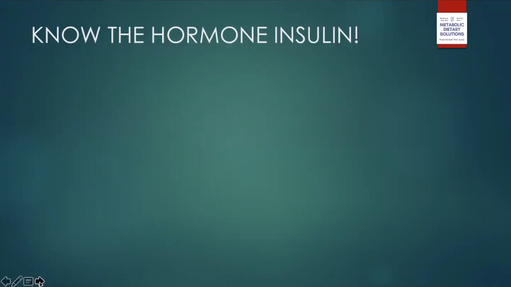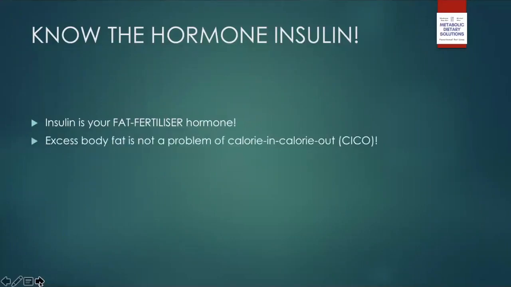However, the important thing to remember is your body produces the hormone insulin. And there's a lot of finding out about insulin now. So, insulin is your fat fertilizer hormone, and that is an expression by a Harvard endocrinologist, Dr. David Ludwig. So, he says, remember that insulin is your fat fertilizer hormone.